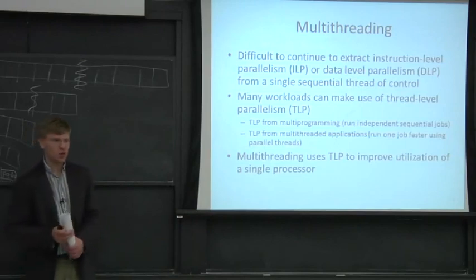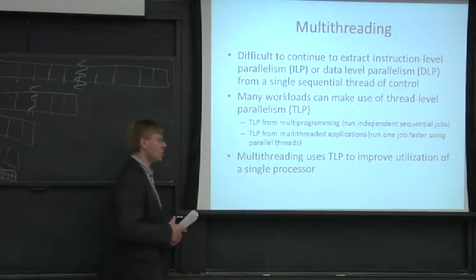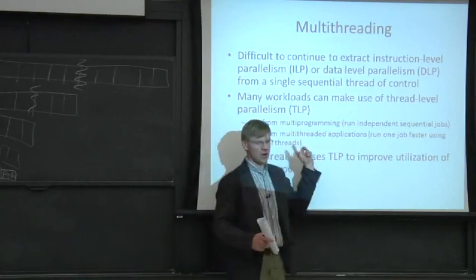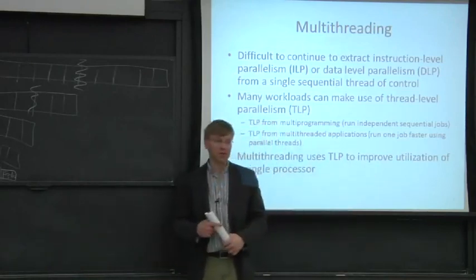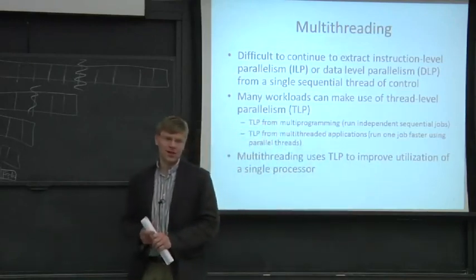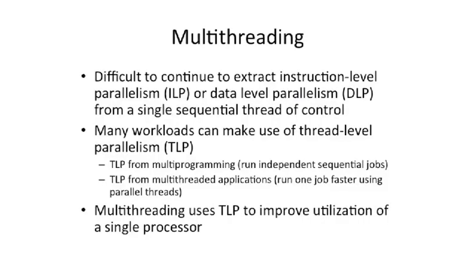Another reason you might want to do this is there are applications where having parallel threads will solve the problem faster. So believe it or not, the traditional traveling salesman problem, if you throw threads at that, you can actually get superlinear speedups, because you can have other threads pruning the search tree faster.